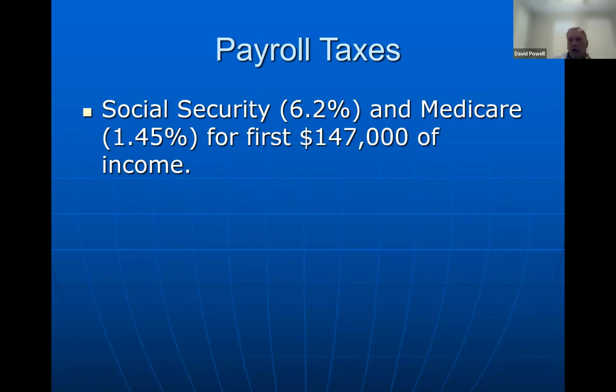So if you are working for multiple employers and the combination of your income goes above $147,000, you'll probably end up getting a refund in terms of the amount of Social Security taxes that you paid, because your second or third employers don't necessarily know what's being withheld from the paycheck paid by your first employer. And so a lot of people with multiple employers end up paying more than they should in Social Security taxes, and then end up having that refunded to them whenever they file their taxes on April 15th.